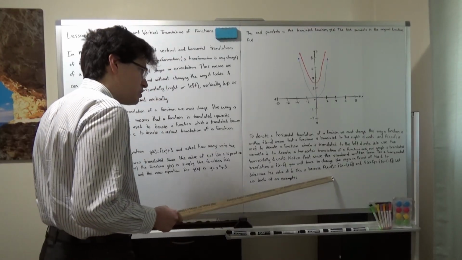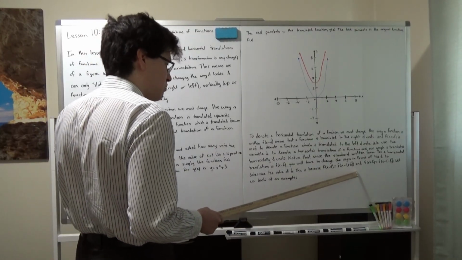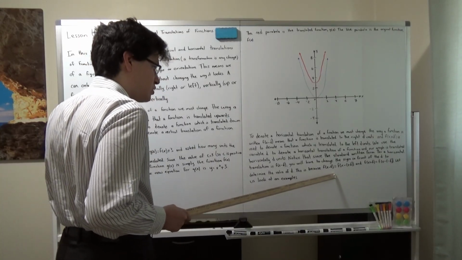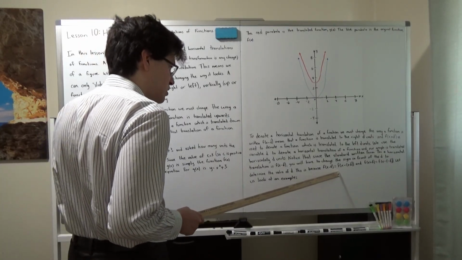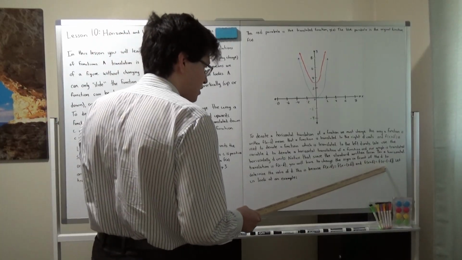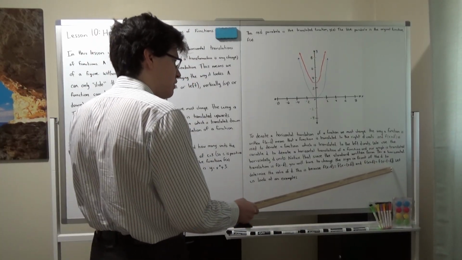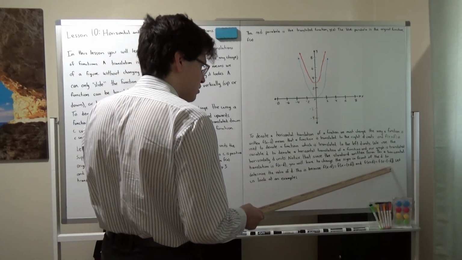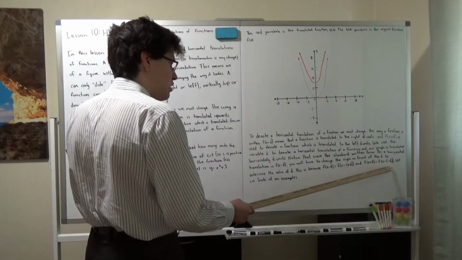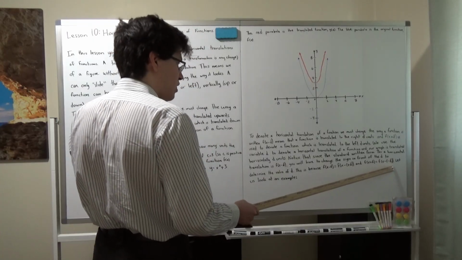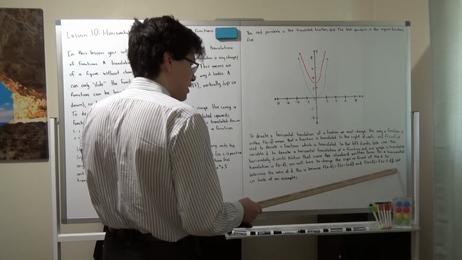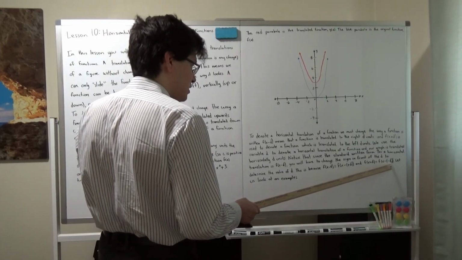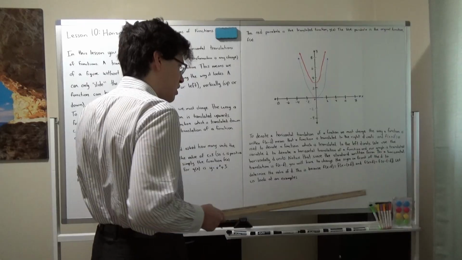So f of x minus d is equal to f of x minus positive d, a case where the function is translated to the right d units. And f of x plus d equals f of x minus negative d, where the function is translated to the left d units, because we have negative d in the standard form f of x minus d.